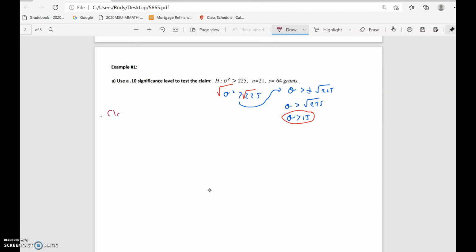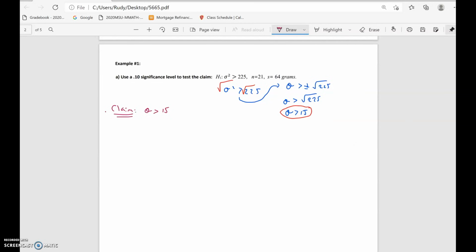In this case, here's your claim. I'm just going to rewrite it as a standard deviation, so the value of sigma. The claim is that sigma happens to be greater than 15. That's after we take the actual square root.